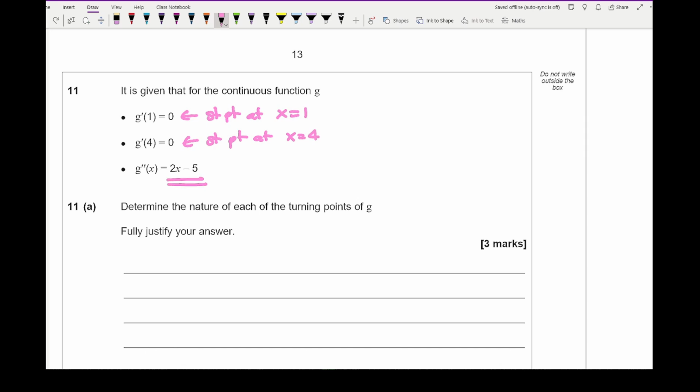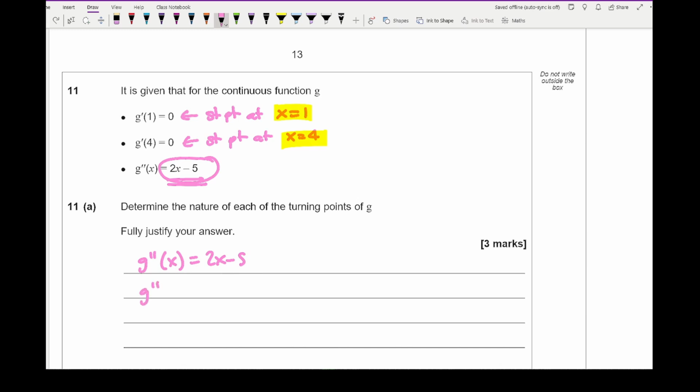Now part A is asking to determine the nature of each of the turning points of g. Well, we've got turning points at x equals 1 and x equals 4. To determine the nature, I need to substitute those x values into my second derivative. So here we've got our second derivative function of 2x minus 5.